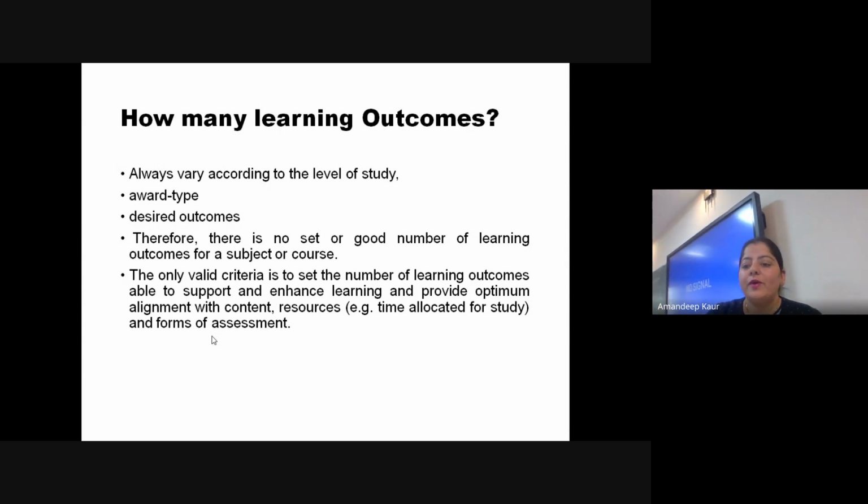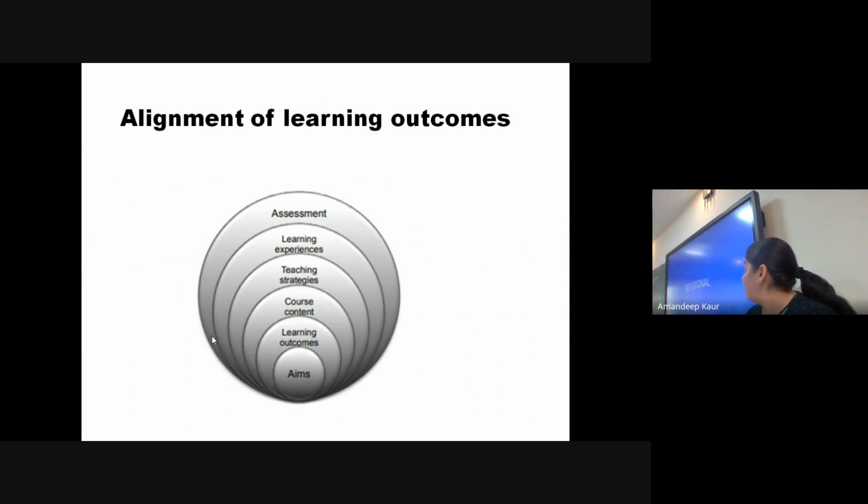So there is no valid criteria or set number for the learning outcome. It is totally dependent upon what kind of learning environment is created at institute level, and what is the content that you are going to deliver, and what are the different type of resources that are available, and the type of assessment you are carrying forward.